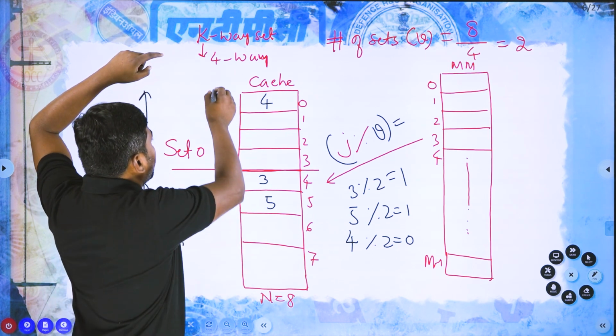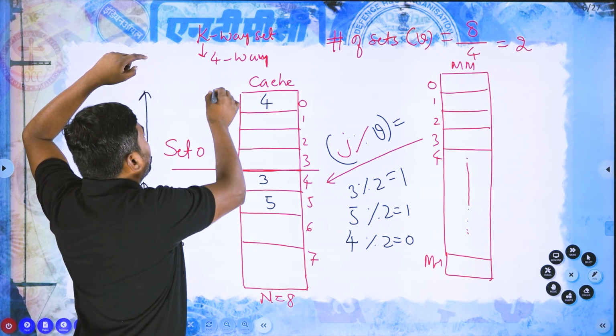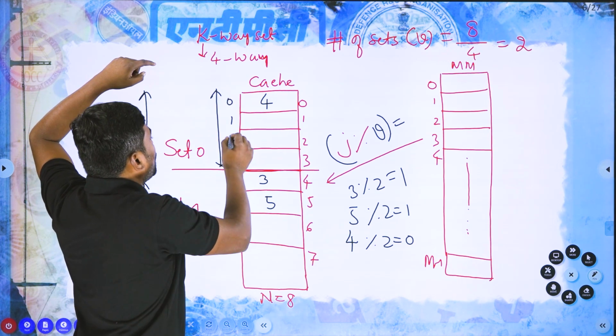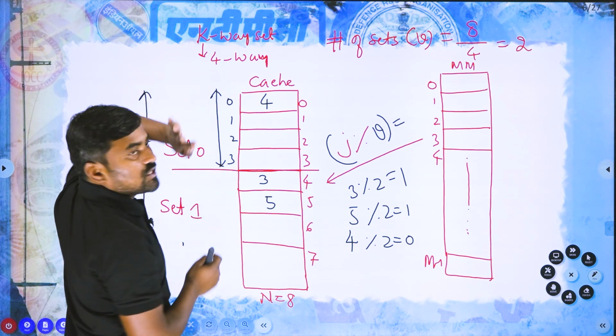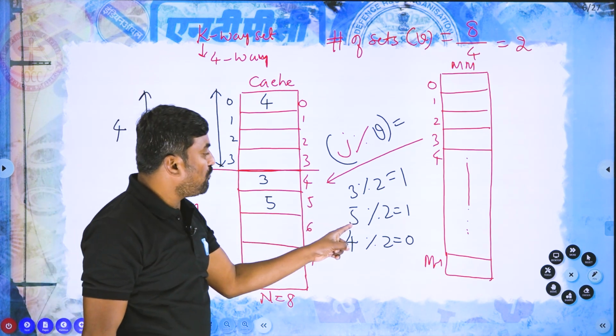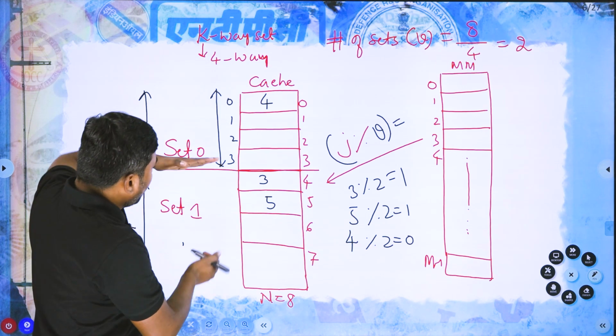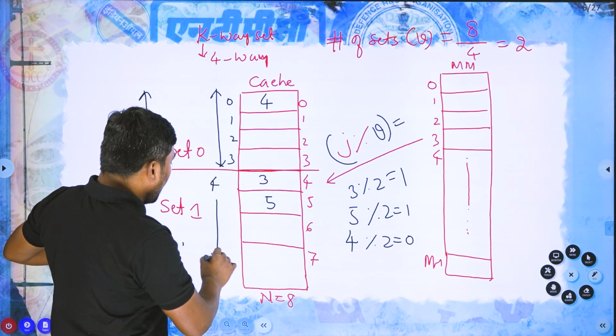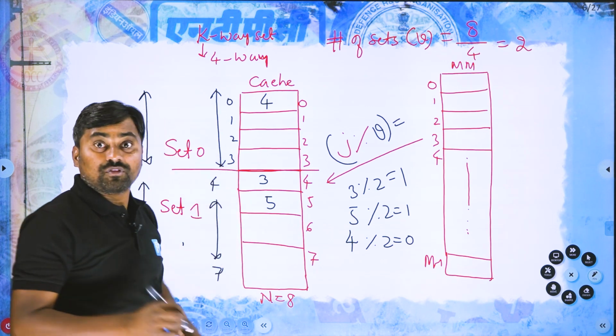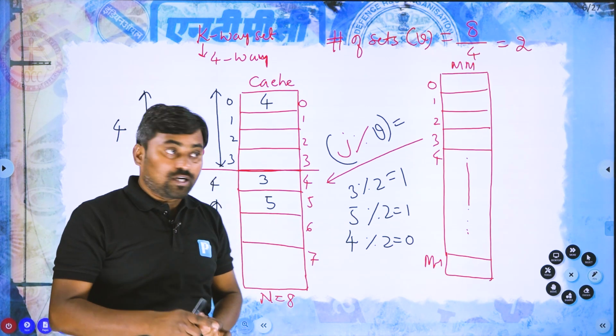So this is my range: the range of a set is 0, 1, 2, 3. Getting my point? If I map 5 modulo 2 to 1, set number 1 also has its range, from the 4th block to the 7th. I can place it anywhere in between. That's the flexibility, and that is what the question asks.